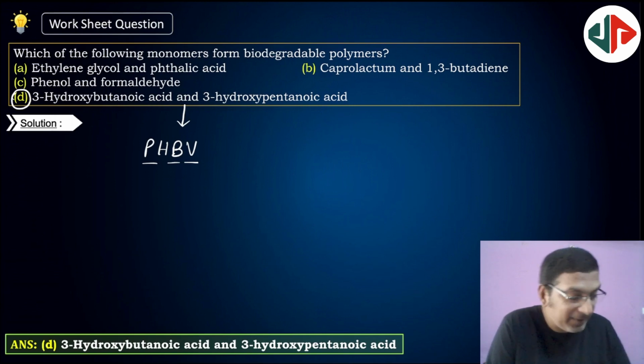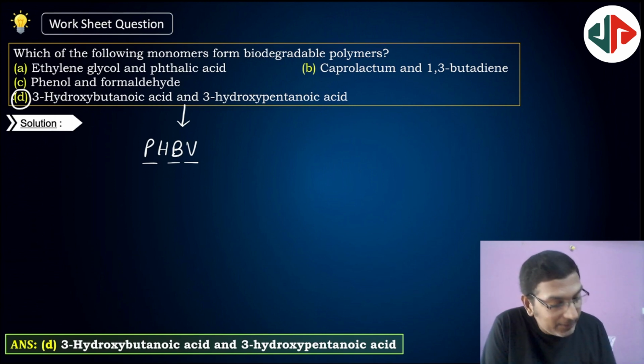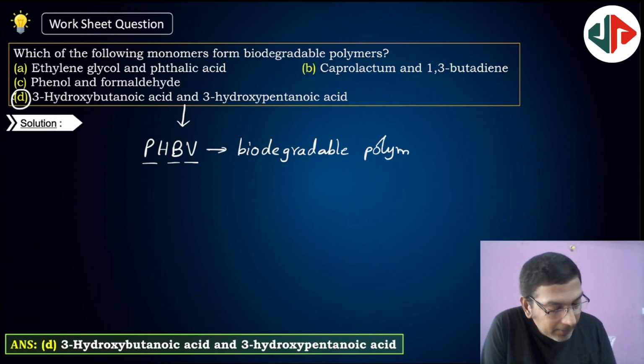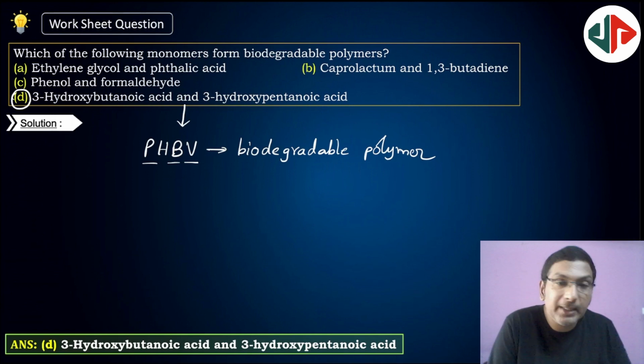So PHBV is biodegradable polymer. So it can be decomposed by organisms. Therefore option D. Next.